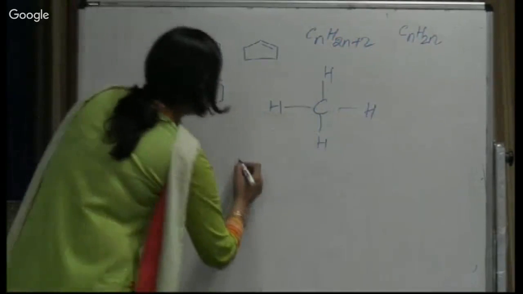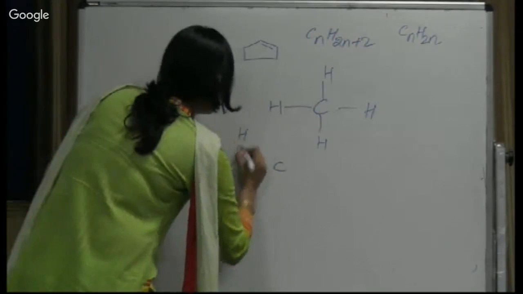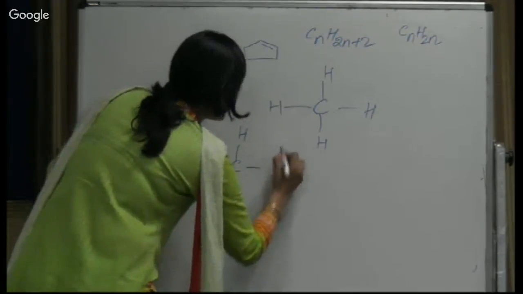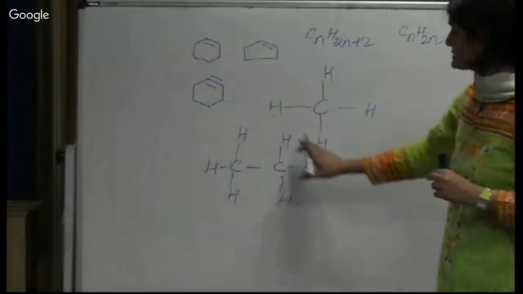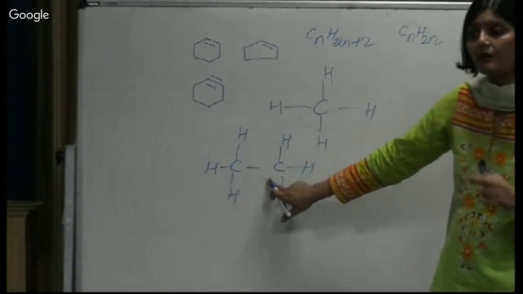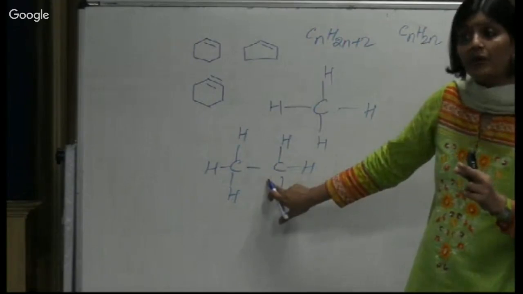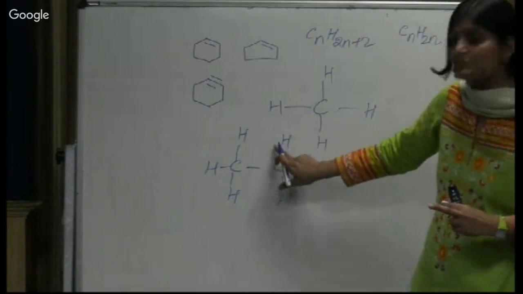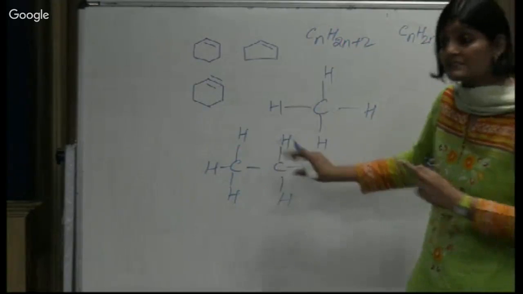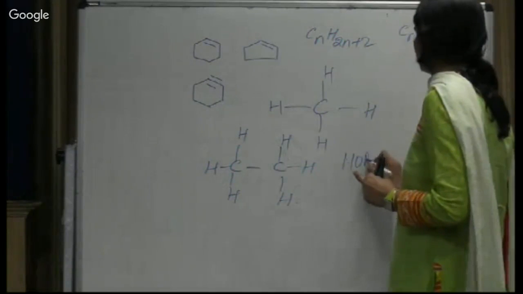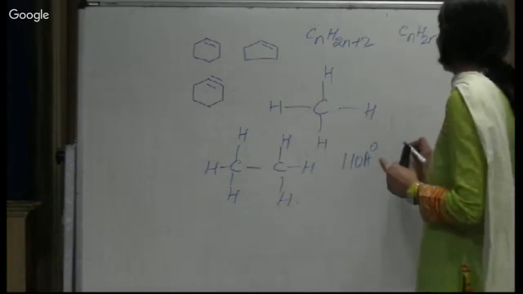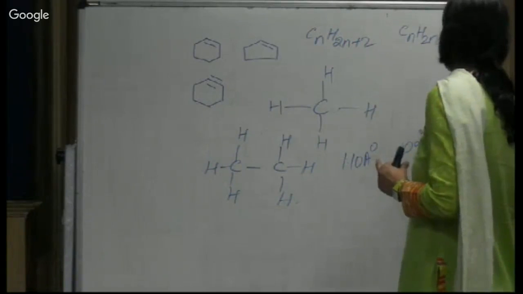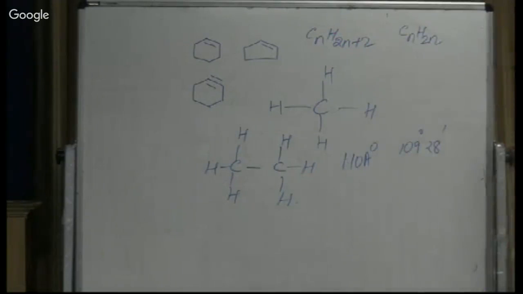And if you go from methane to ethane, it will have a structure like this. What is the bond length of the carbon-carbon bond? The bond length of the carbon-carbon bond is 1.54 angstroms. The bond length of the C-H bond is 1.10 angstrom. And the HCH bond angle is how much? 109 degrees 28 minutes, right? So that is what the structure of alkanes is like.